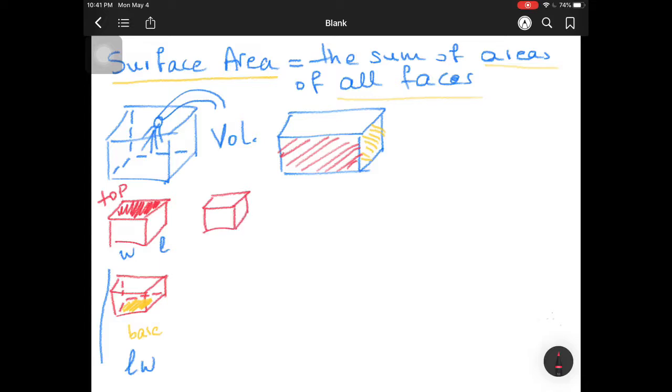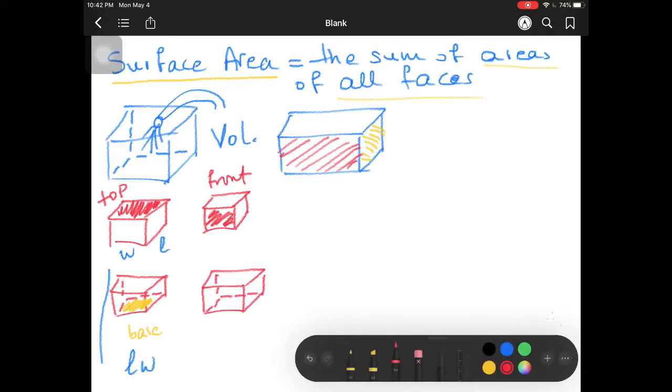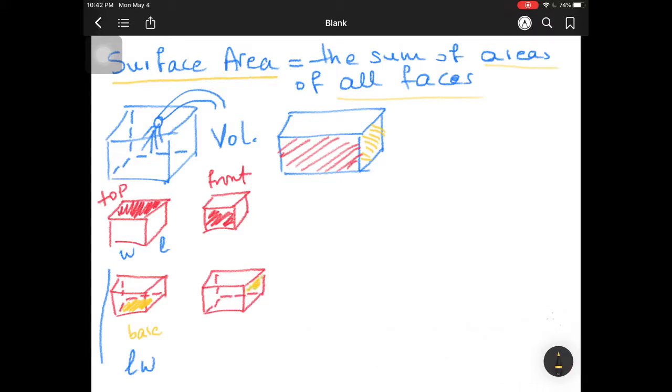Let us look at the other faces. This is called the front, and the front equals the back. This is the back.